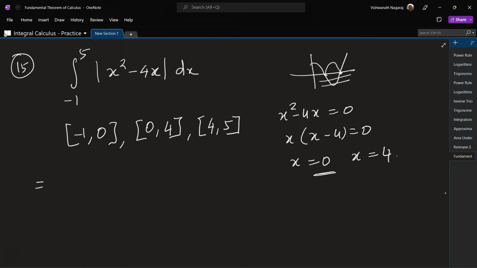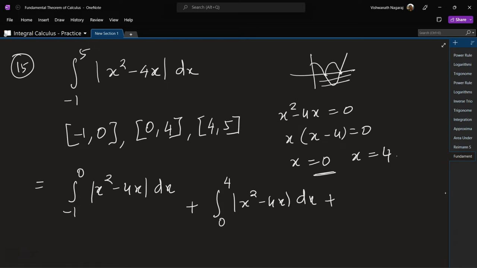So let's do that. Integral minus 1 to 0 of x square minus 4x dx plus integral 0 to 4 of x square minus 4x dx plus integral from 4 to 5 of the absolute value of x square minus 4x dx.